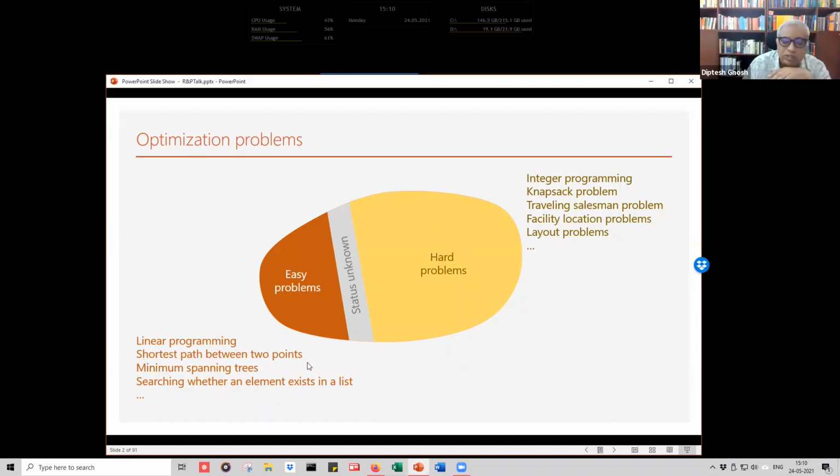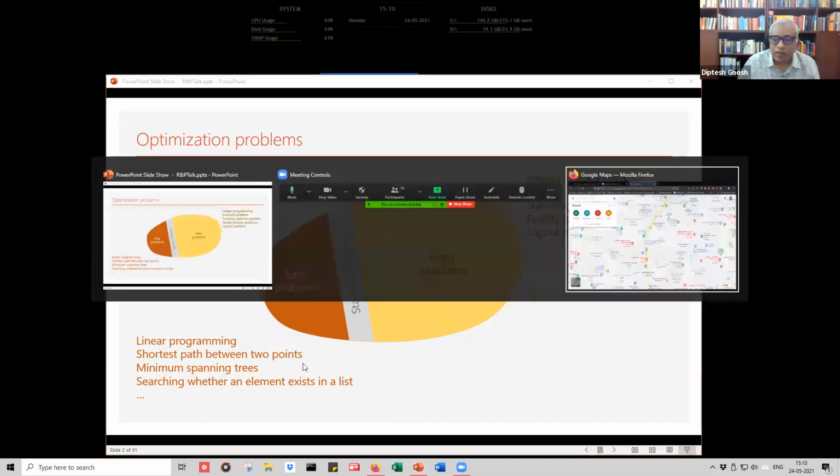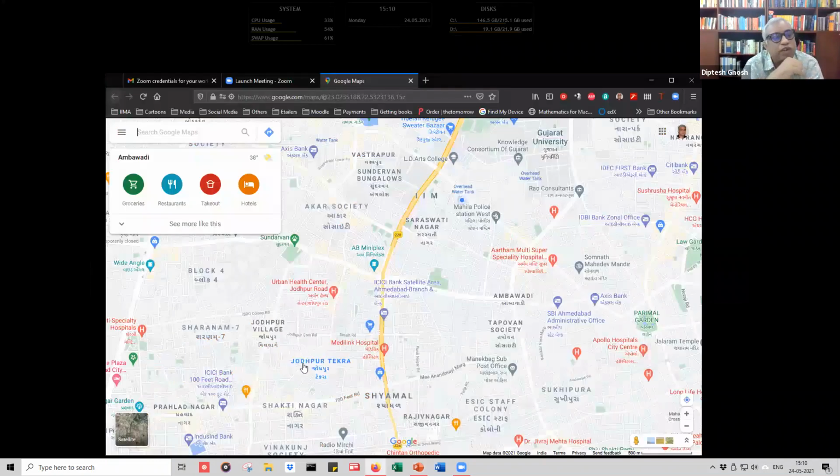If we talk about the shortest path problem, this is something that all of you use very regularly. A place where you would use the shortest path problem is whenever you want to find out how to go from one location to another using Google Maps.